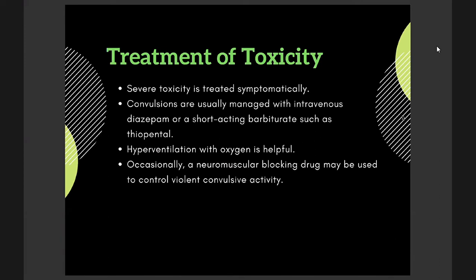It is diazepam, because your neuromuscular blocking drug can only stop the peripheral manifestation of seizure activity, but does not treat the underlying CNS activity, unlike your diazepam or your barbiturates or your propofol. But again, as I have said, your barbiturates and your propofol can cause profound hypotension. So it is diazepam. If you have diazepam, that is the most effective.